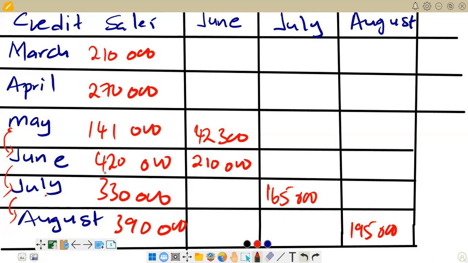So now we are saying 30%, which is 0.3 times 420,000, will be received in July in this column. You calculate that one. Let's see what the answer is. We are going to get 126,000.